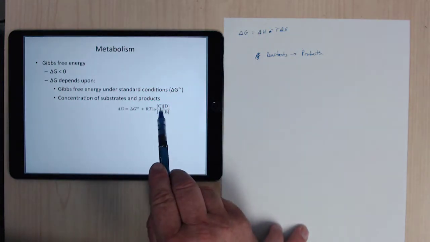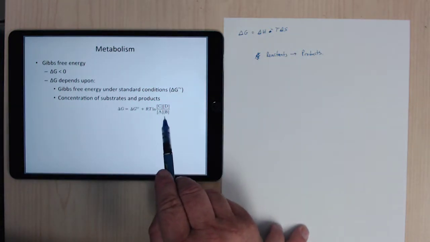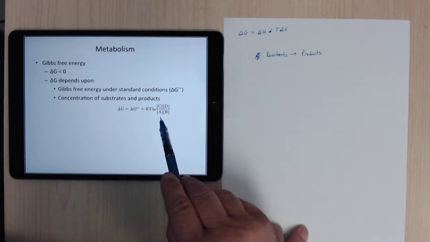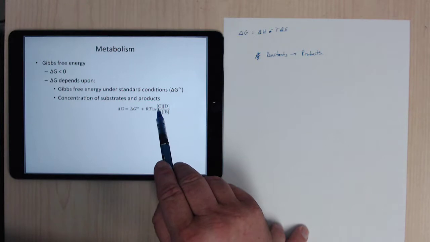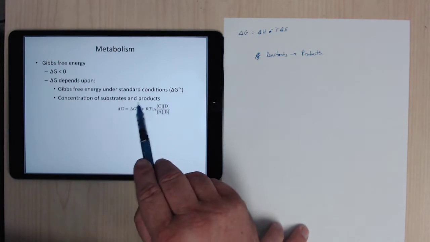So that's what's going on here. If you make this concentration higher, that makes this smaller, which makes the whole thing more negative, which can compensate for this.